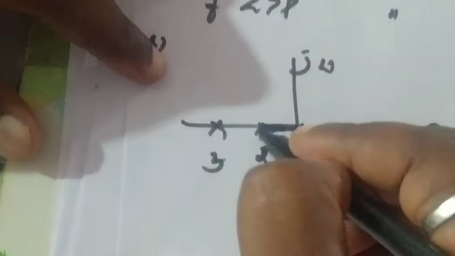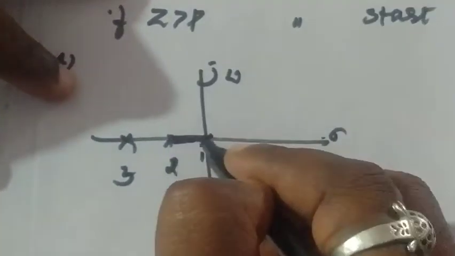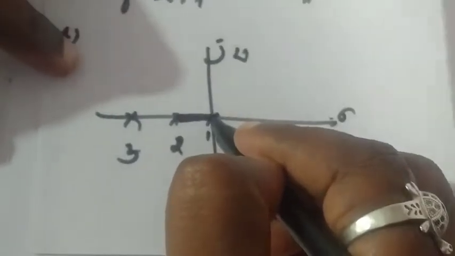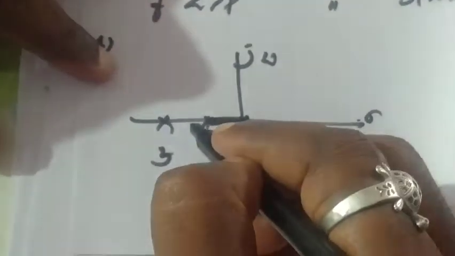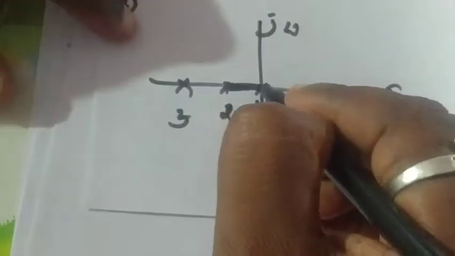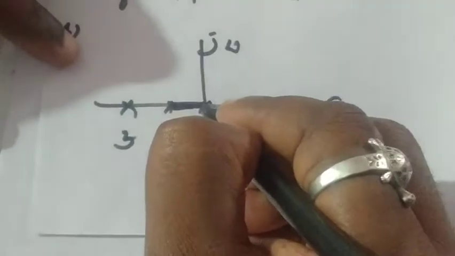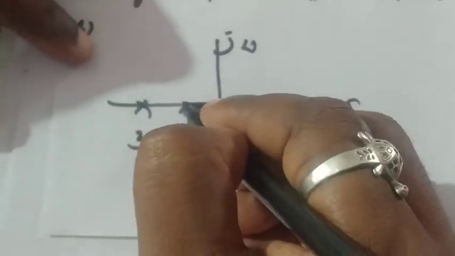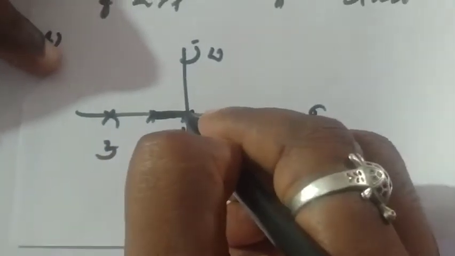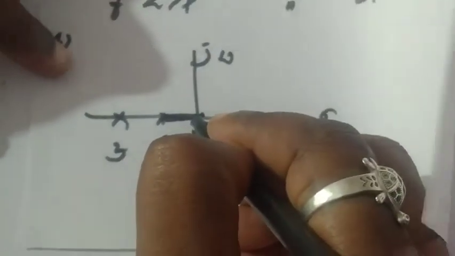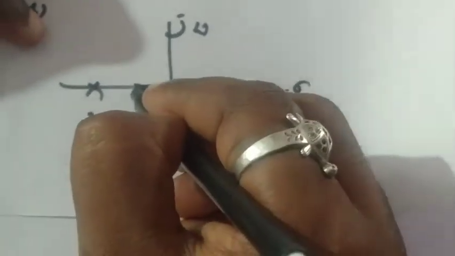If you want to continue the same root locus, the number of poles you have passed behind in your path should be odd. That means if you come to here and want to continue to this point, you have crossed an even number of poles. What are the poles you have crossed? 1 and 2.